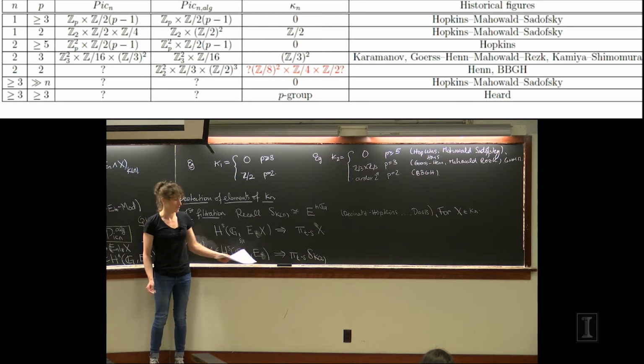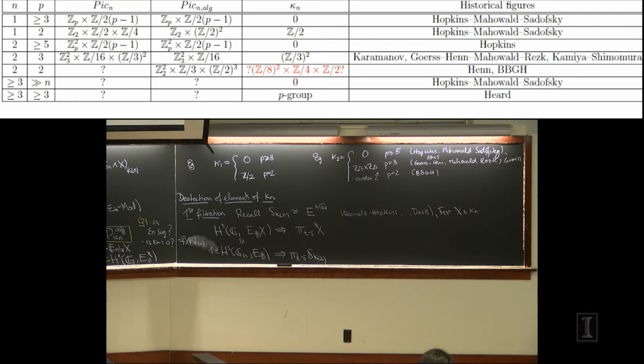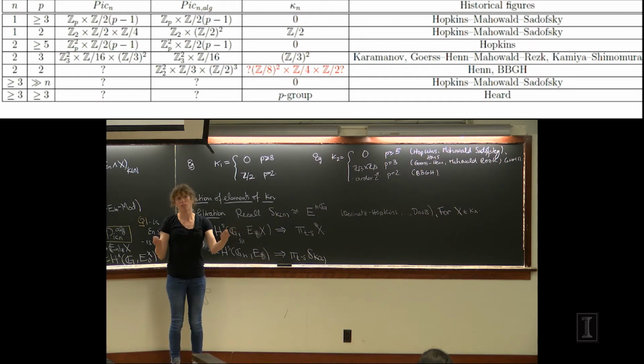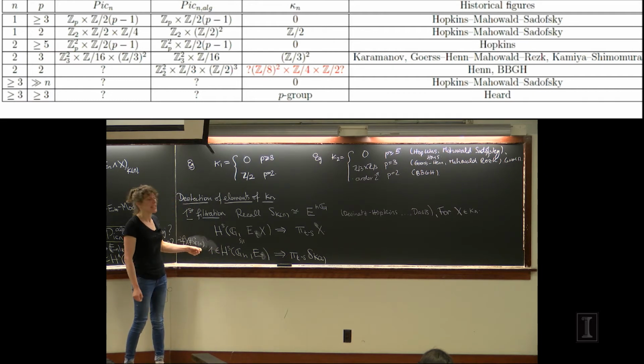So there's a 1 in the group cohomology, and if it survives the spectral sequence, it's going to give you a map from S^0 to X. Because this thing is in the Picard group, that map will give you a K(n)-local equivalence. So if 1 makes it, then X is the sphere.